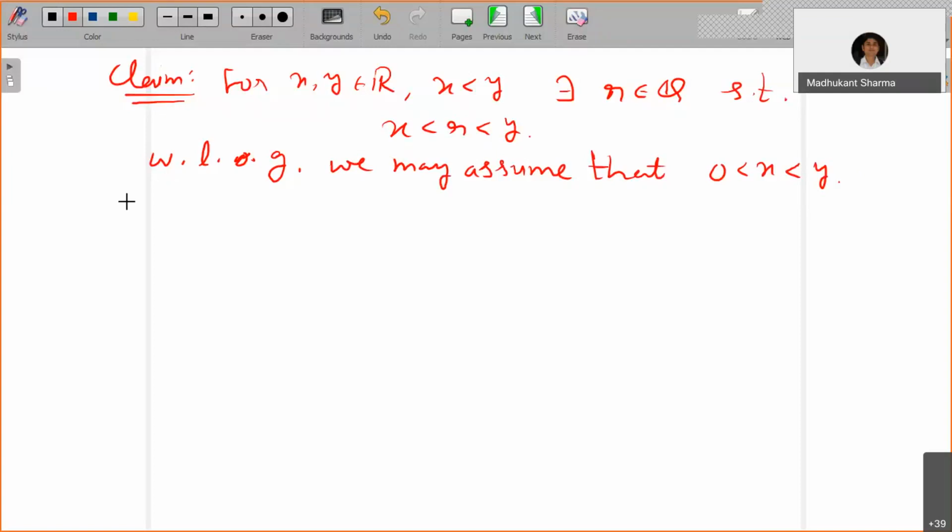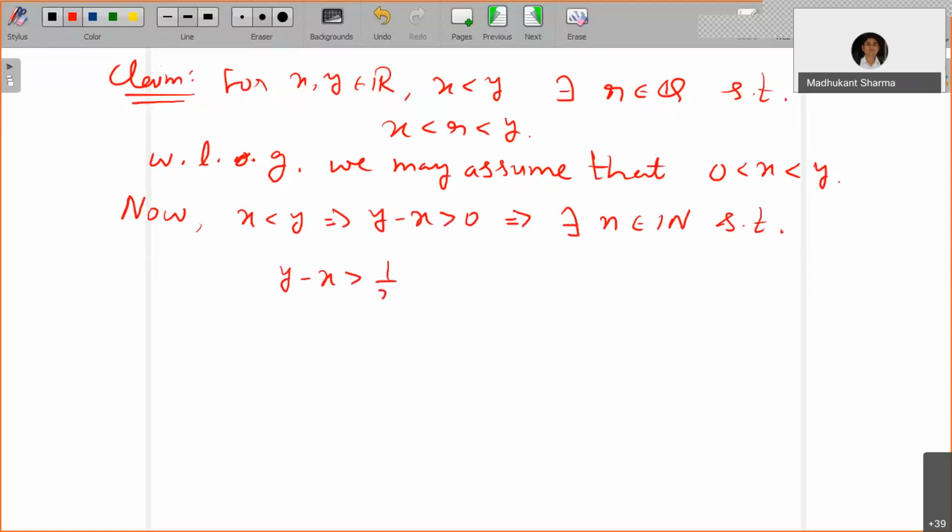Now x less than y implies y minus x is greater than 0, then the Archimedean property says that there exists a natural number n such that y minus x is greater than 1 by n.